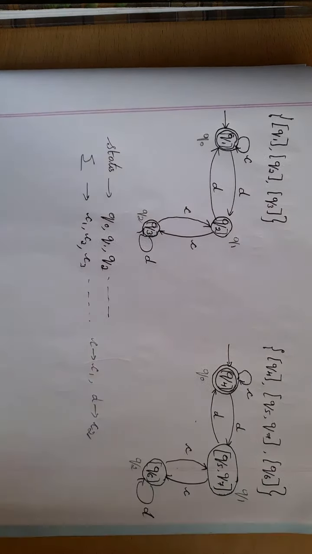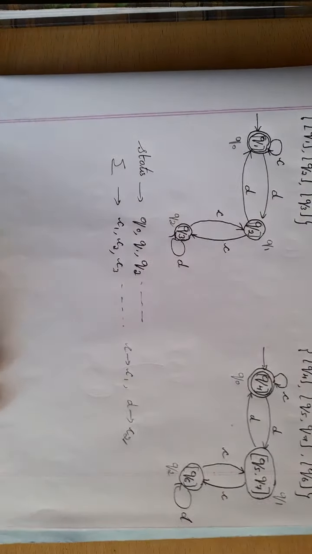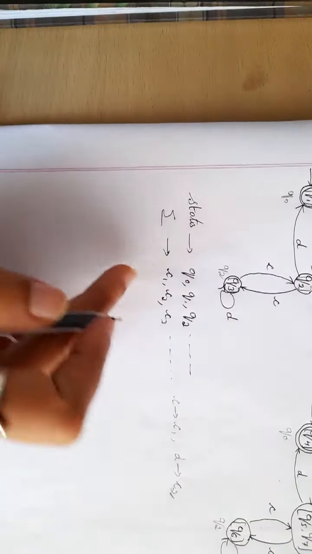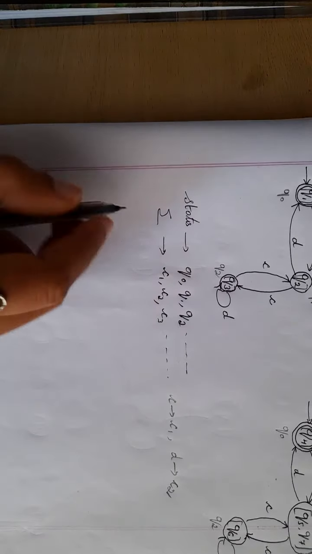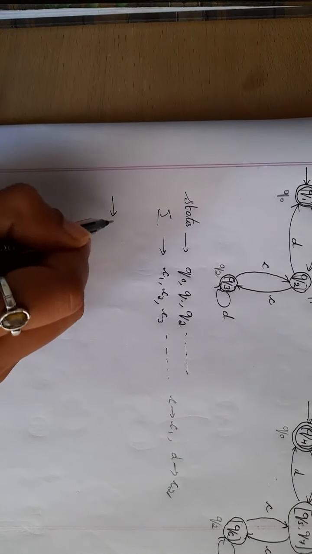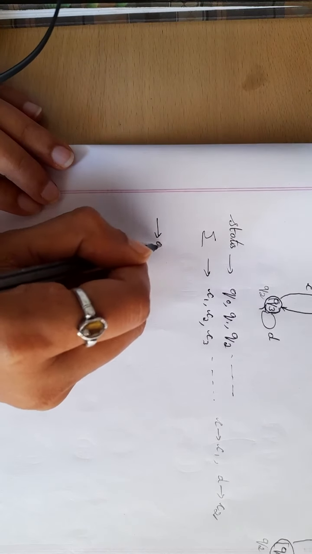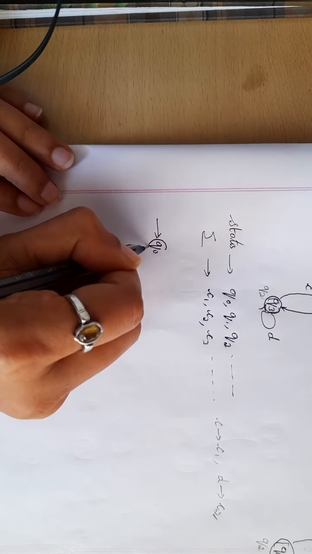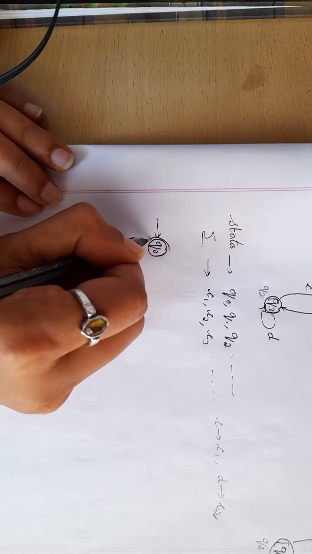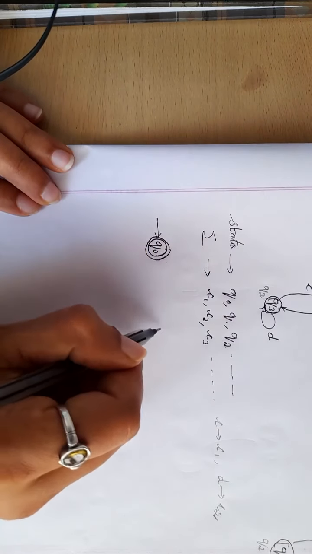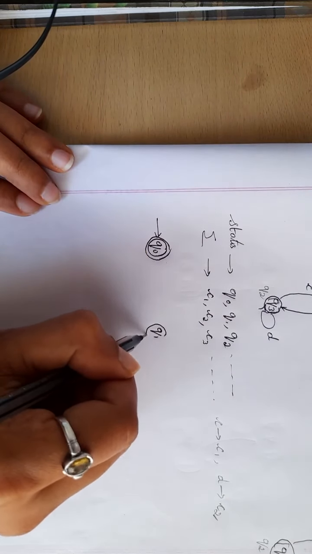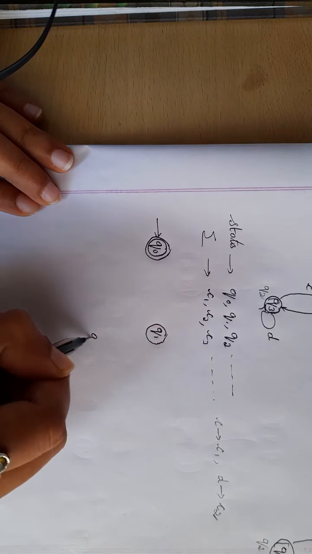So we shall draw this diagram again. When I redraw it with the new names, the first one I will take as Q0, the same diagram, I am just renaming it. This became Q1 and this is Q2.